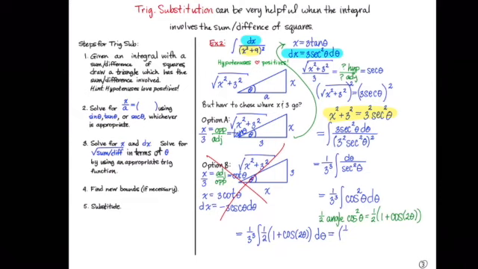We can pull that 1/2 out front. When we integrate 1 with respect to theta, we get theta plus the integral of cosine 2 theta, which is 1/2 sine of 2 theta. Close my big set of parentheses, plus c.